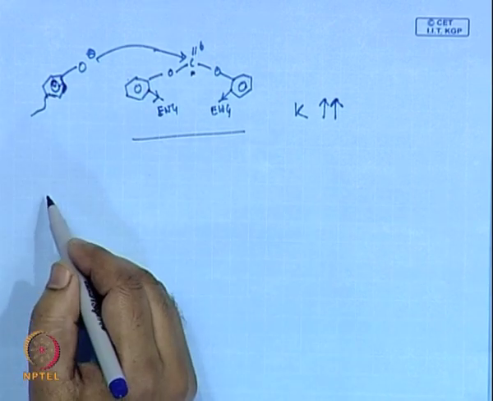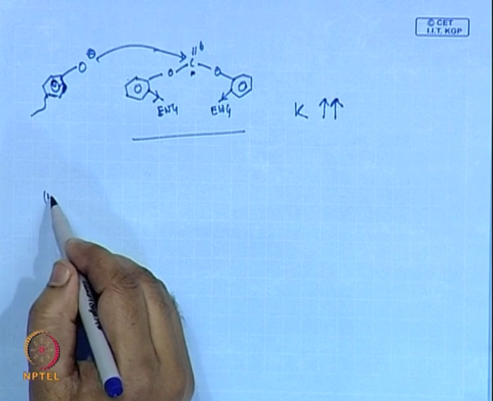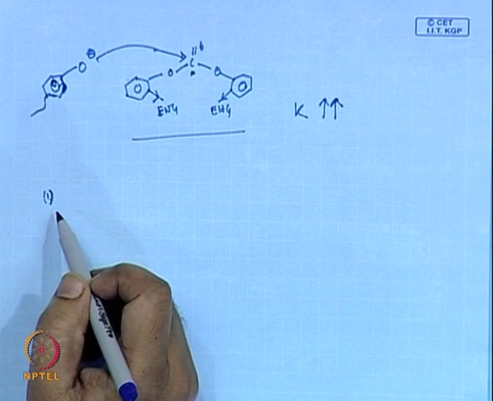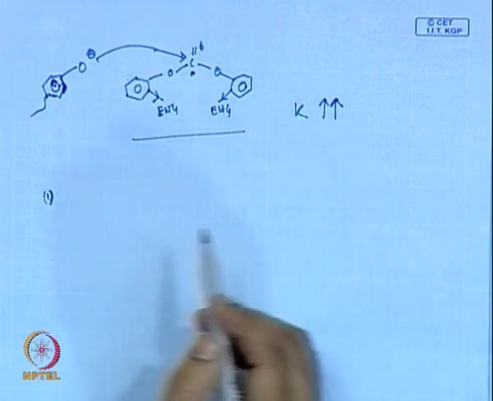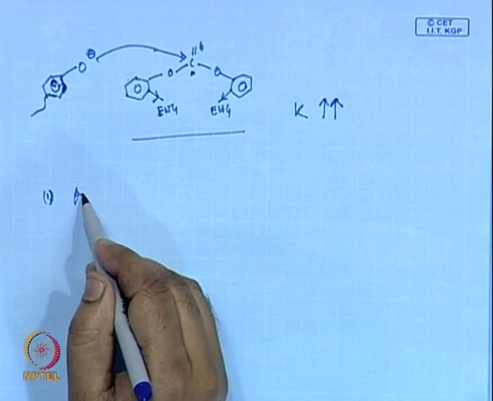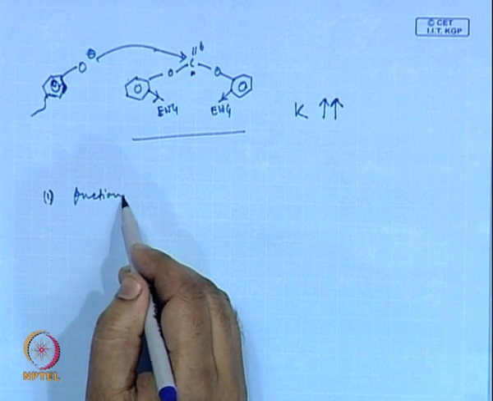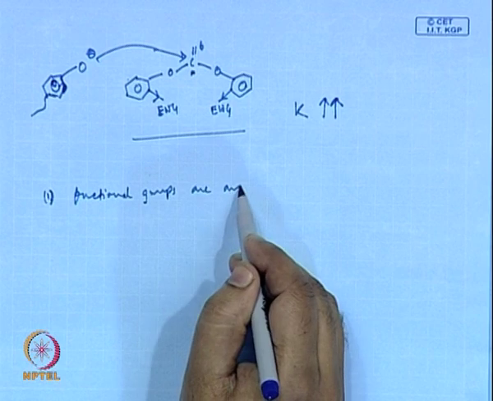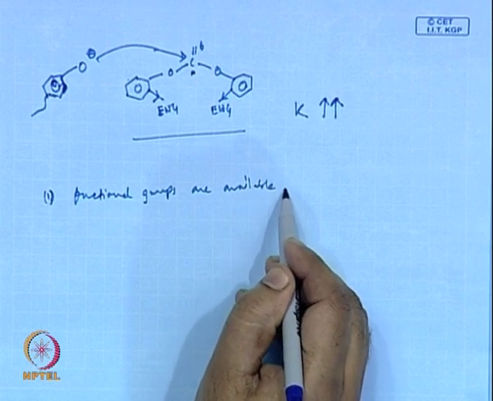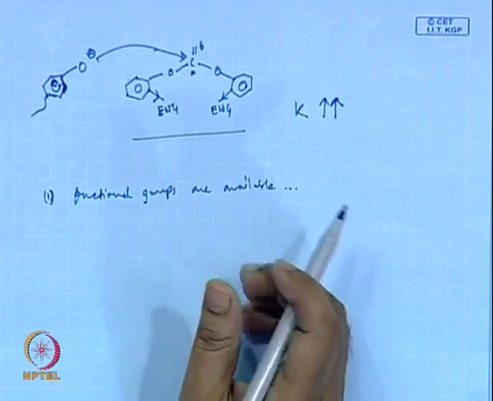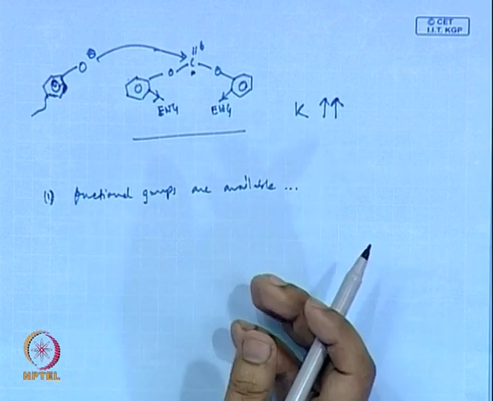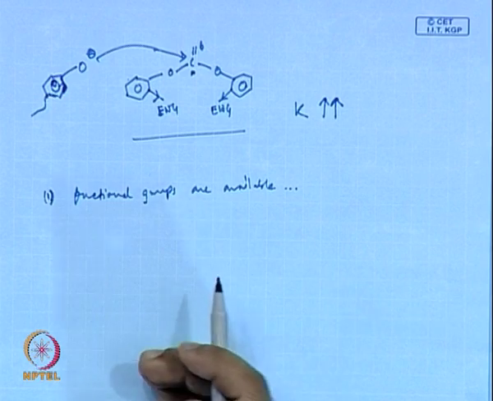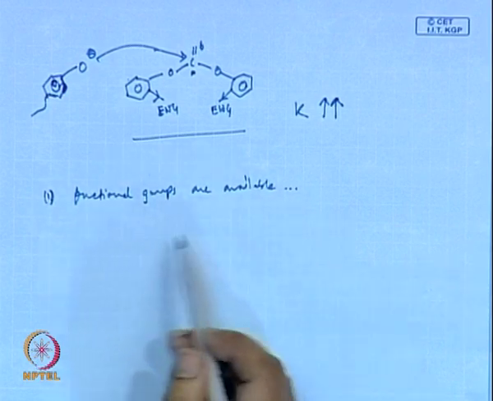Now, one thing you also have to remember is that to build high molecular weight, you have to make sure of some other conditions. For example, you have to make sure that the functional groups are available during the entire reaction. In some exceptional cases, when you build a molecular weight, after some size it might precipitate from the solution or from the melt of the reaction.